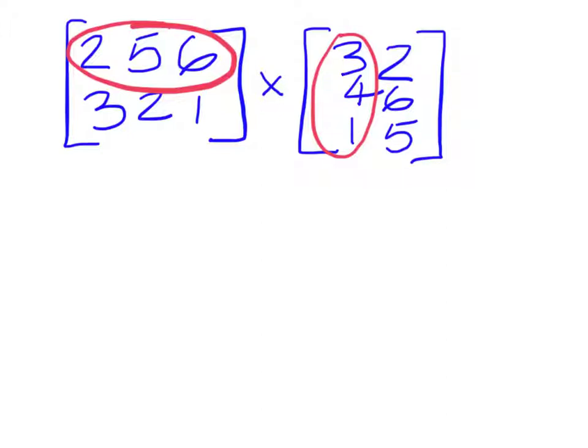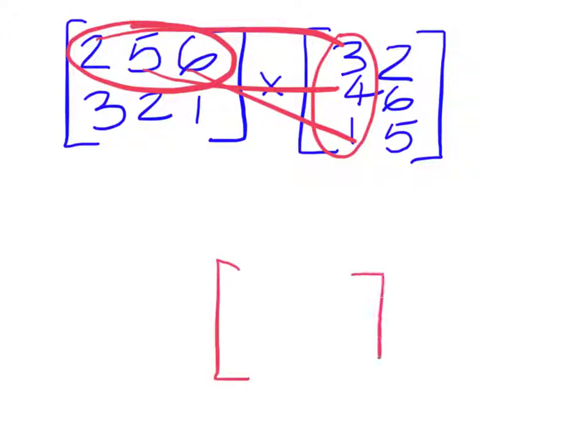So you're multiplying 2 by 3 to get 6, 5 by 4 to get 20, and 6 by 1 to get 6. And add those all together, putting them in the first row, first column of the answer. So we would have 6, 26, 32 should be the first one in there.